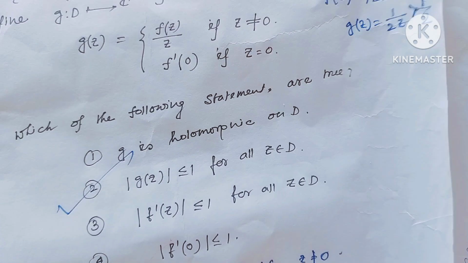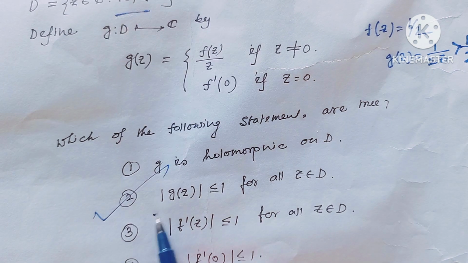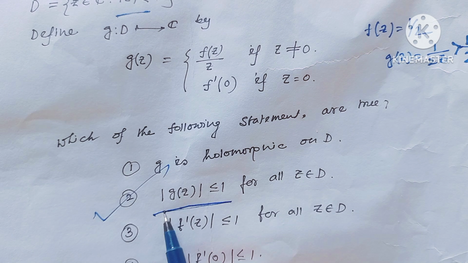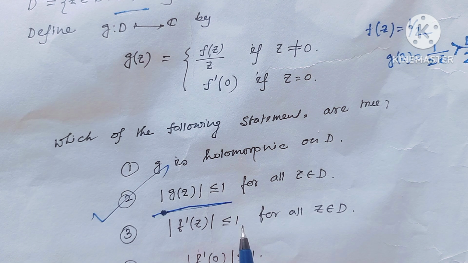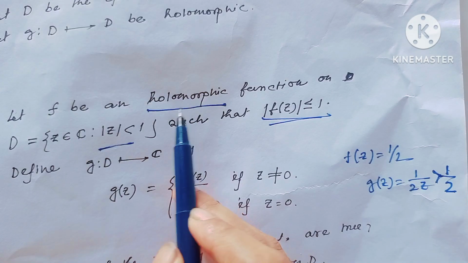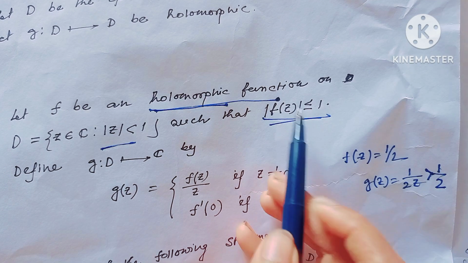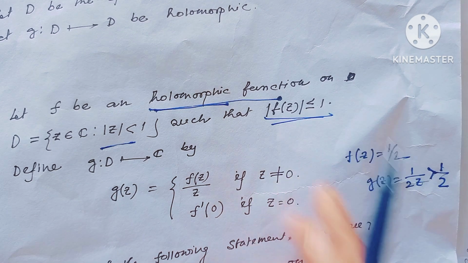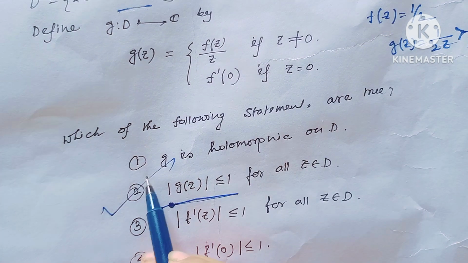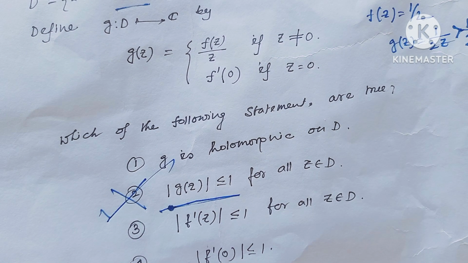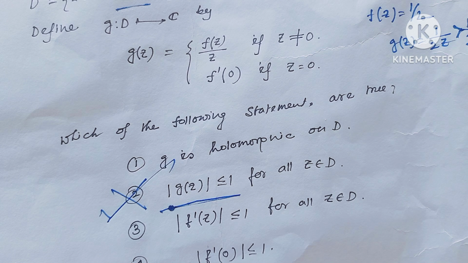That means this option is true when f is a non-constant holomorphic function, but here f is only given as a holomorphic function. So this option is also not true. When f is constant, this value would be unbounded. I hope all my viewers have understood.